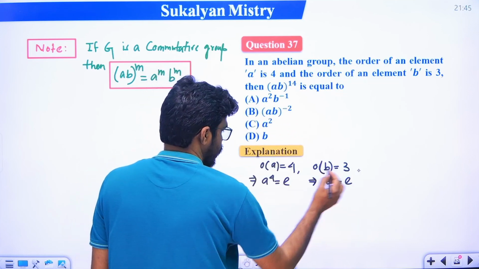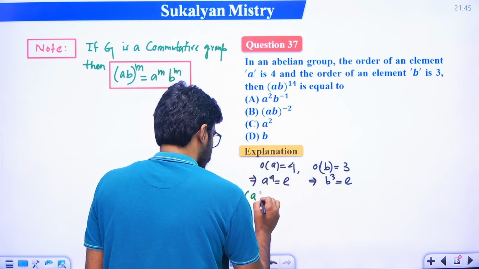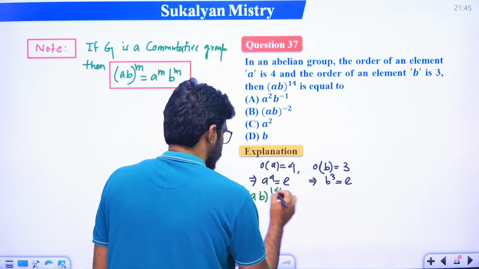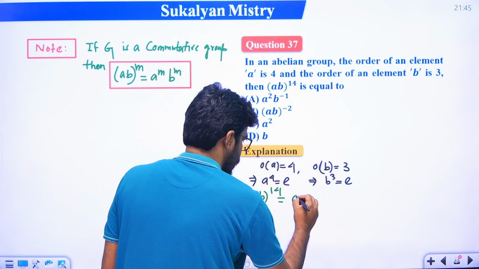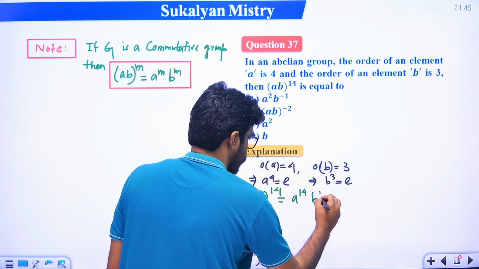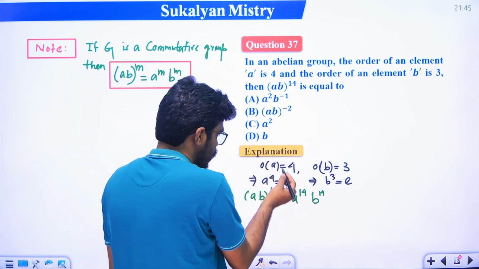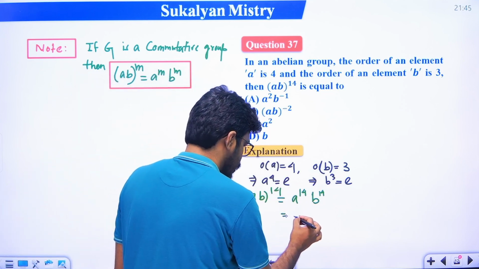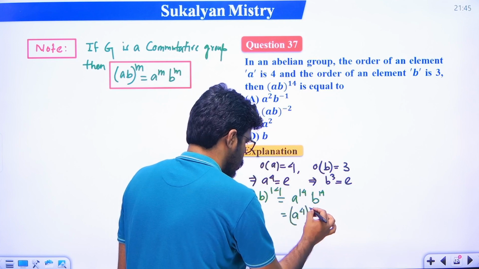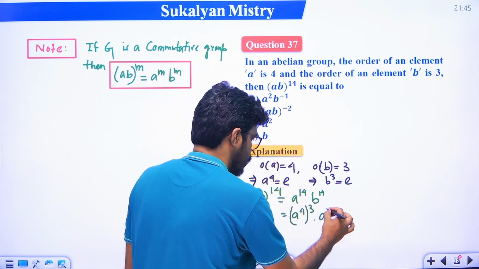What do we have to calculate? AB to the power 14. Since G is abelian, this will be A to the power 14, B to the power 14. So A to the power 14: A to the power 4 whole cube is A to the power 12, so we can write it as A to the power 12 into A square.